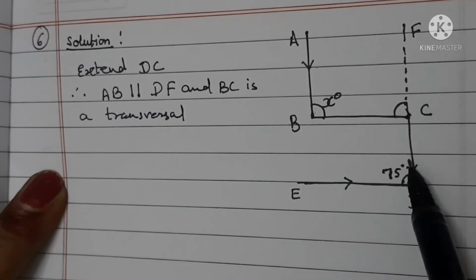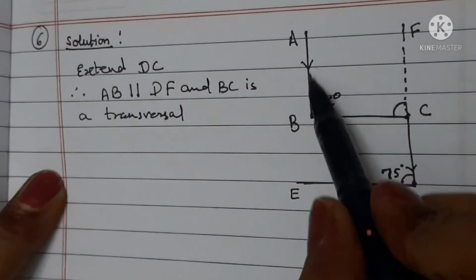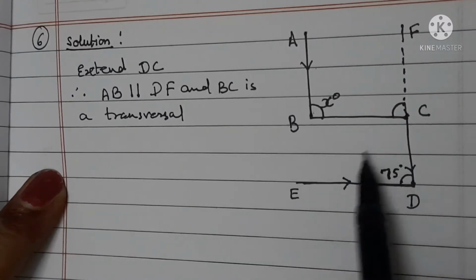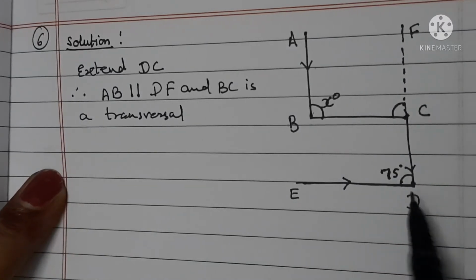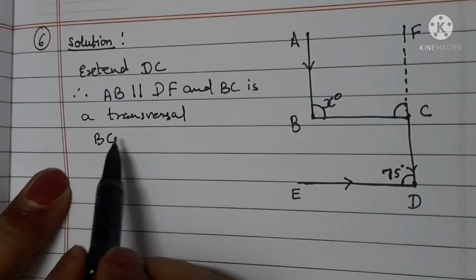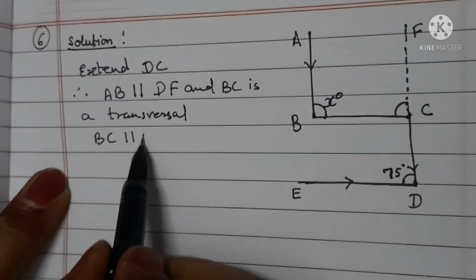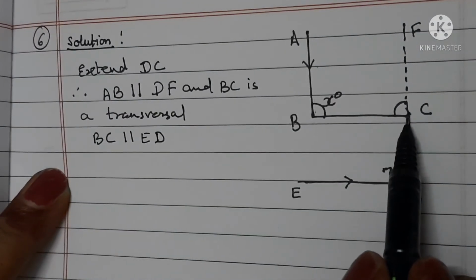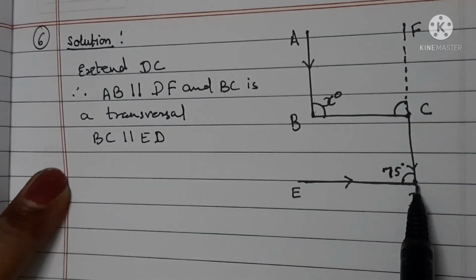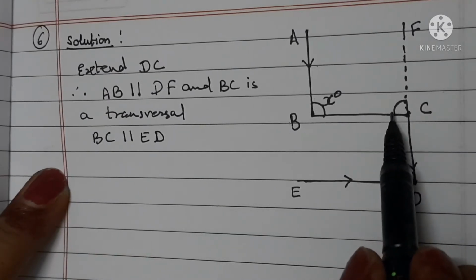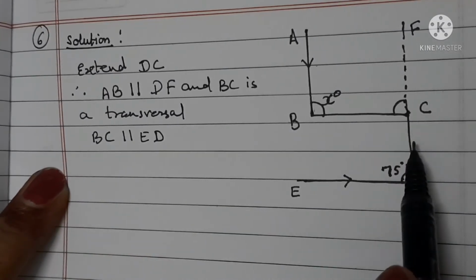or you are taking this and this parallel, this is transversal, but you can take this pair BC and ED. BC parallel to ED. First you will take this pair parallel, so that you can show this angle C is equal to 75 degree, corresponding angles.